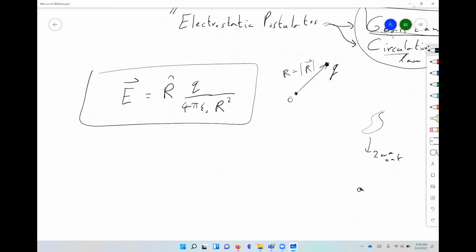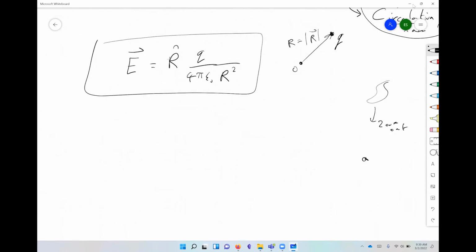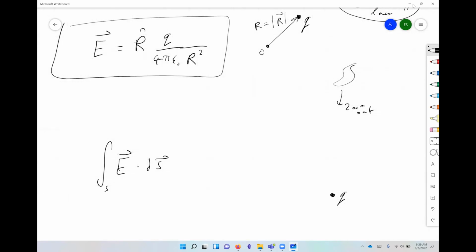So the question is, what is the flux of a point charge? We already solved that problem, right? So what is E dot ds for a point charge like this? If it was D, it would be the flux, but the flux of E, let's call it. So we can use the symmetry, right? E is this, and we have the surface element of this.